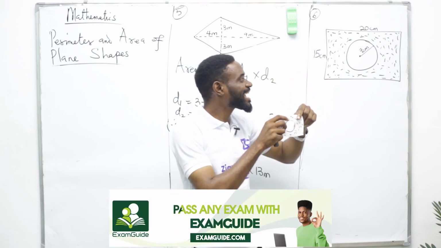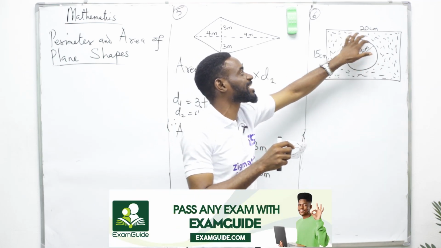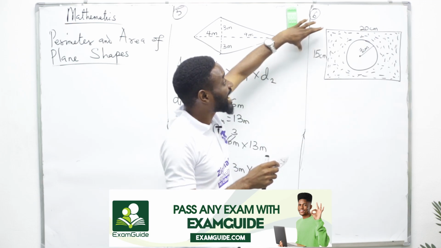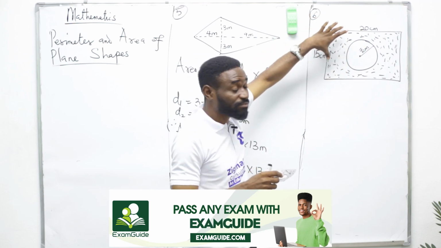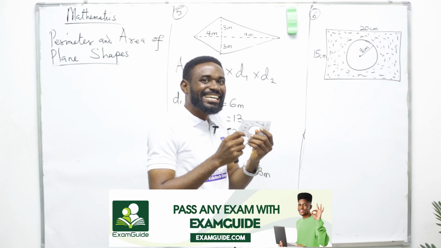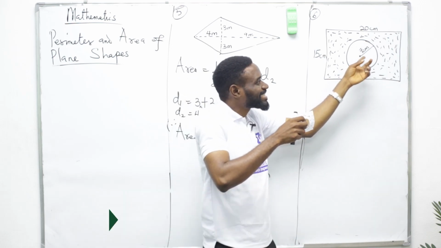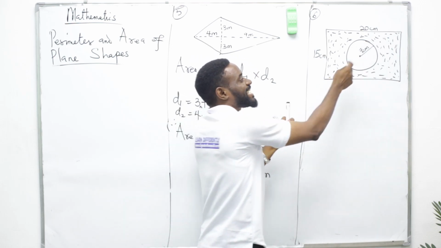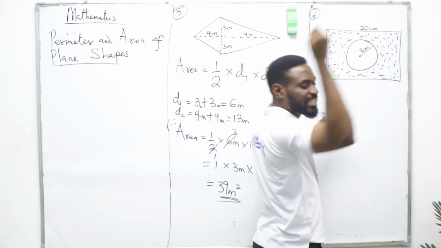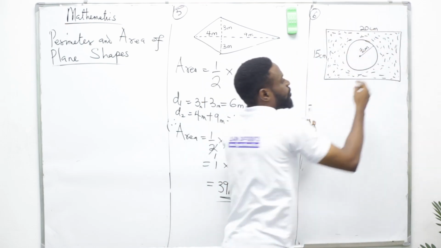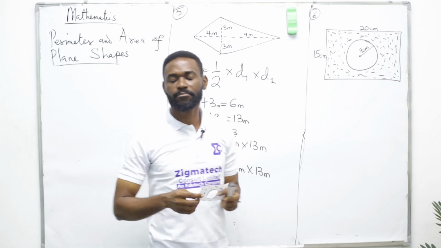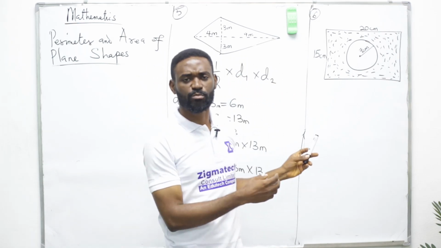So to get the area of the shaded portion, we will get the entire area of the rectangle, then subtract the area of this circle from it. When we remove the area of the circle from the area of the rectangle, we have gotten the area of the shaded part. That is what we are supposed to do here.